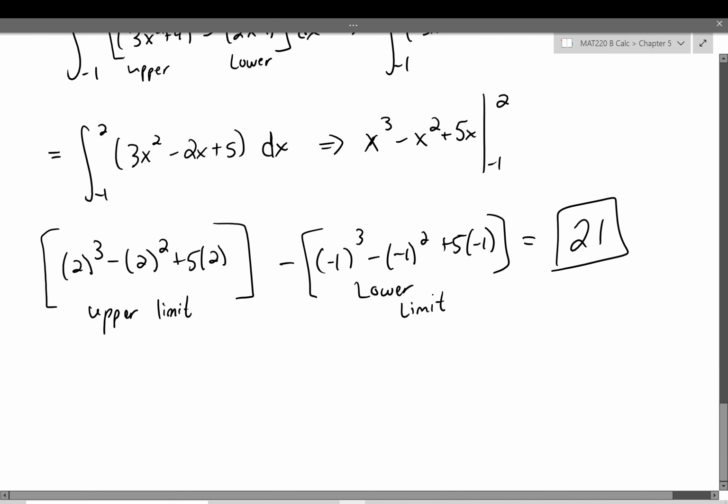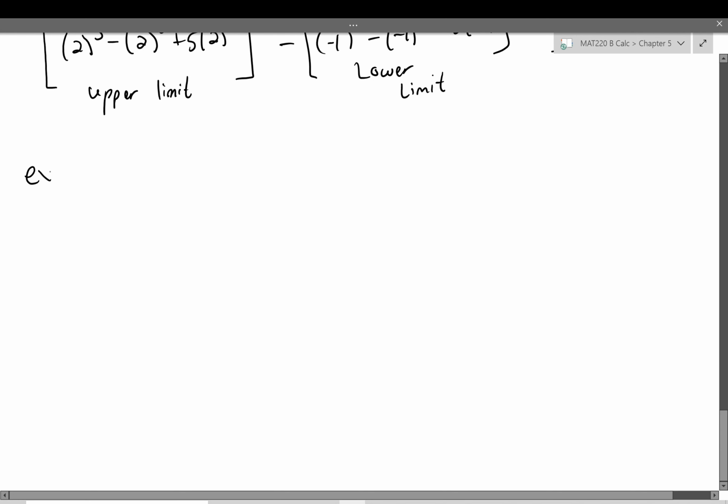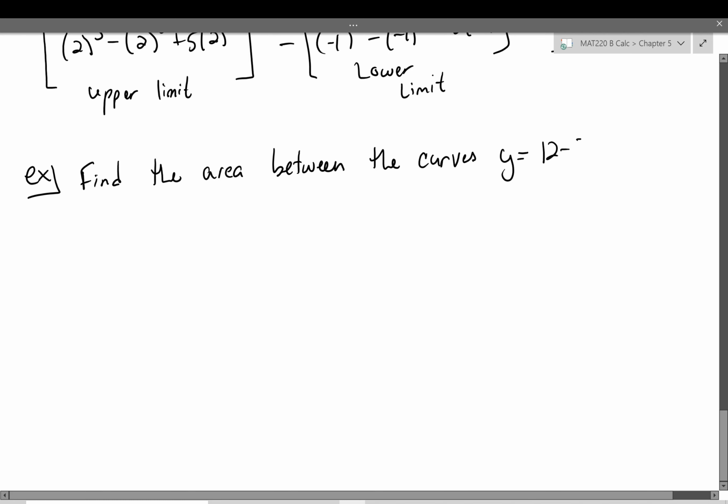Let's do another one here. Let's find the area between the curves y equals 12 minus 3x squared and y equals 4x plus 5.